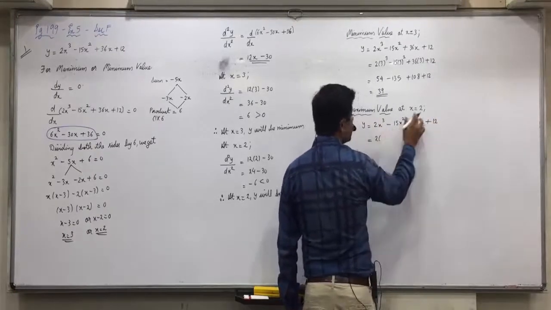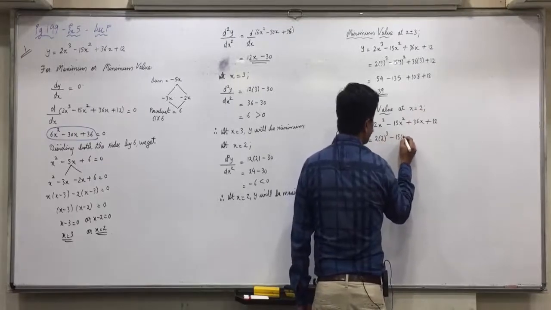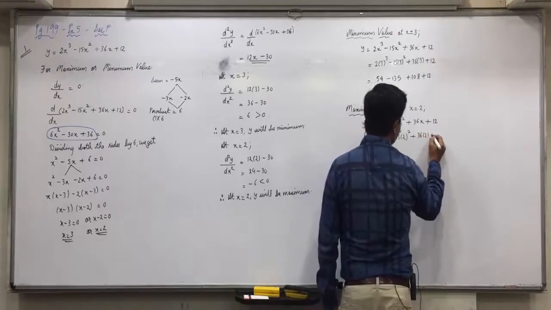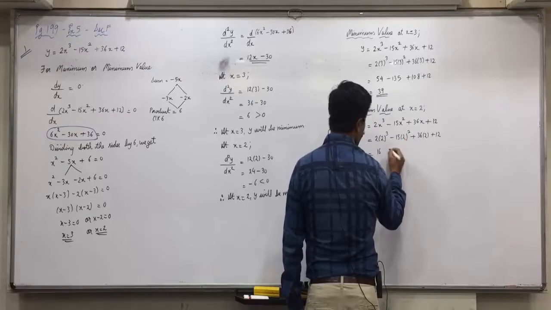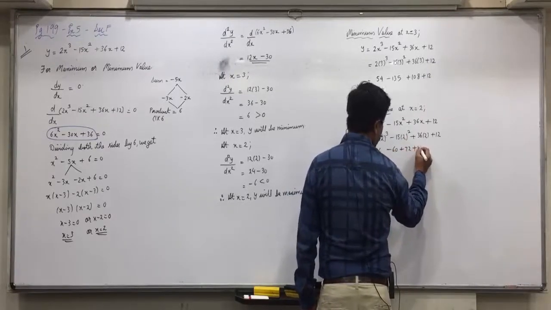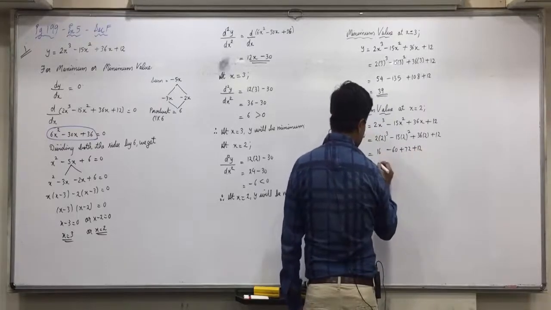Now in x we'll put 2. 2 into 2 cube minus 15 into 2 square plus 36 into 2 plus 12. 2 cube is 8, into 2 is 16. 2 into 2 is 4, into 15 is 60. 36 into 2 is 72, plus 12. So 72 plus 12 is 84, plus 16 is 100, minus 60 is 40.